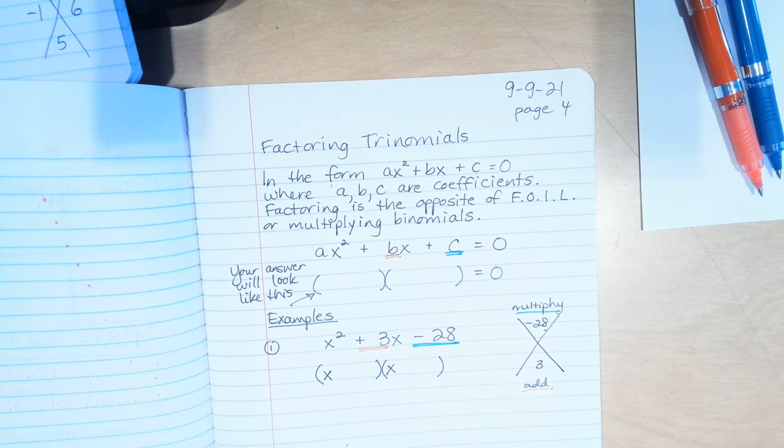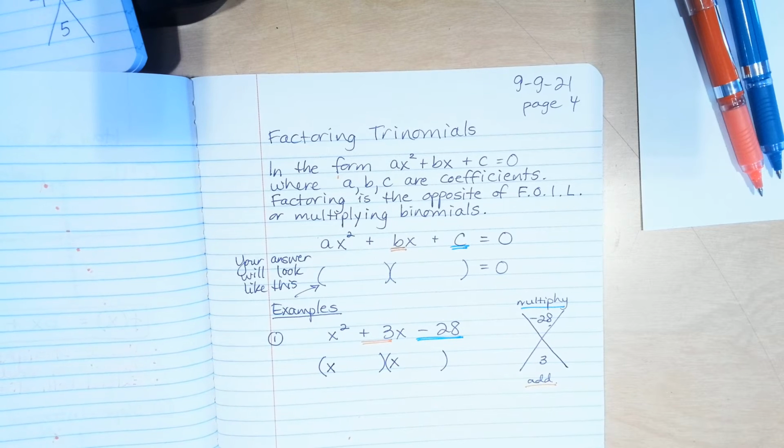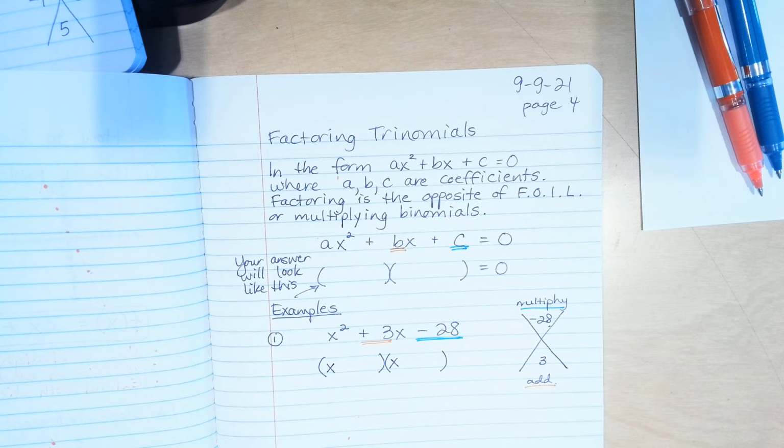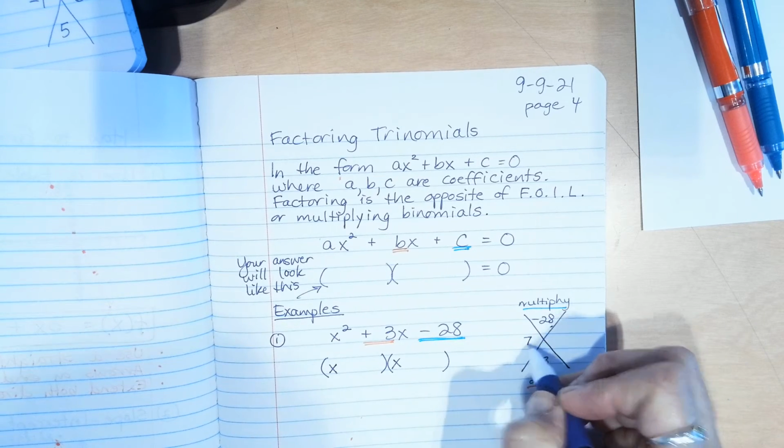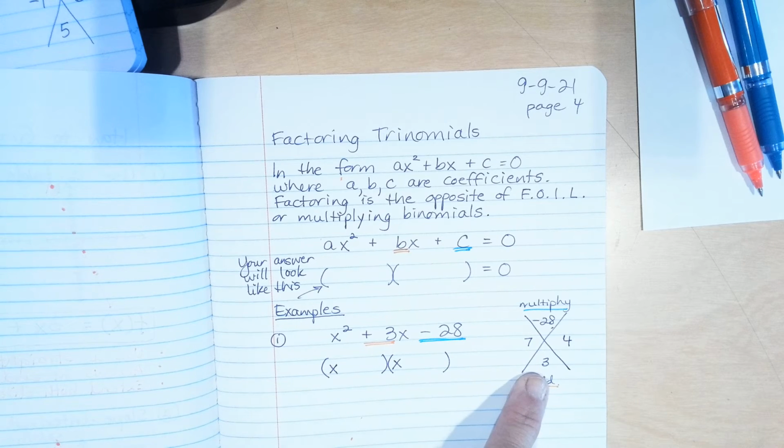You may already know it, but you just think to yourself, well, how many different ways are there to get 28? You could do 1 times 28, right? You can do 2 times 14. What's another number that goes into 28? 7 and 4, right? So we know it's going to be a combination of 7 and 4, because that can give us a difference of 3.